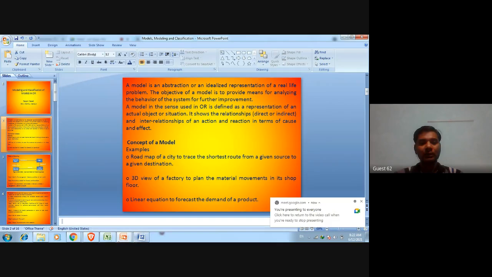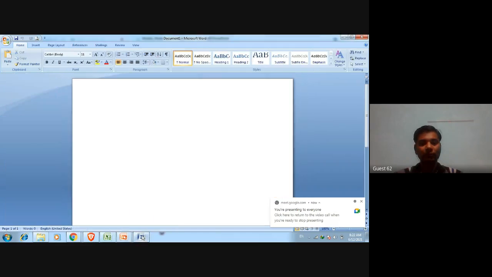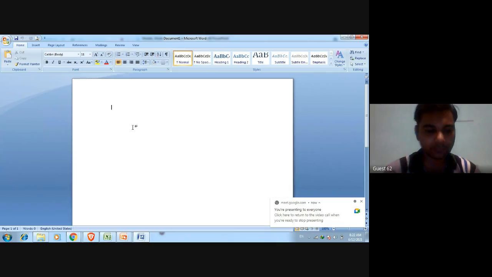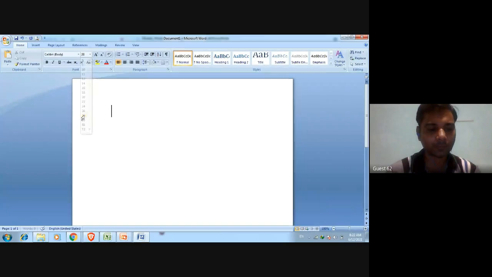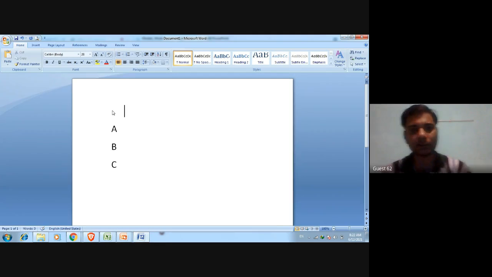Transportation model is like this. Suppose you have three sources: A, B, and C. And you have some destinations also.